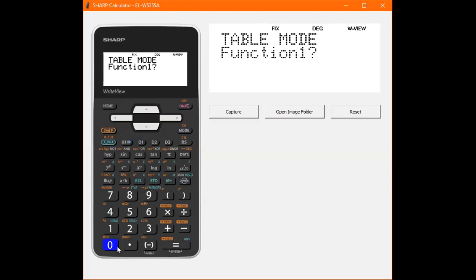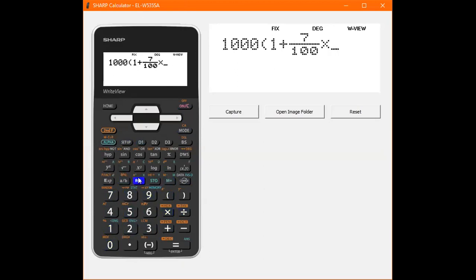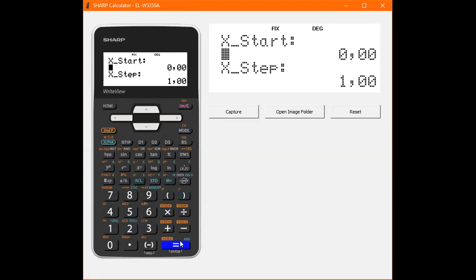But anyway, say for example you have 1,000 Rand, and we get a simple interest rate of 7%. We have 7 over 100 to give us the decimal, and then we multiply it by x instead of by an n value. And we press our close brackets, press equals, equals, equals, equals.